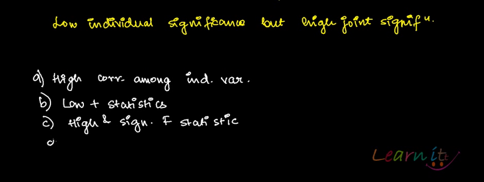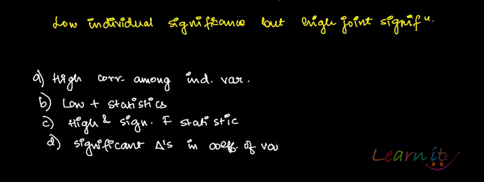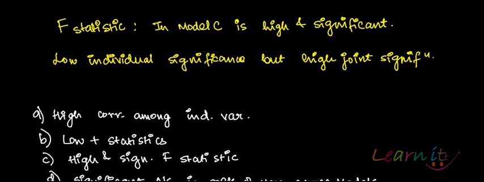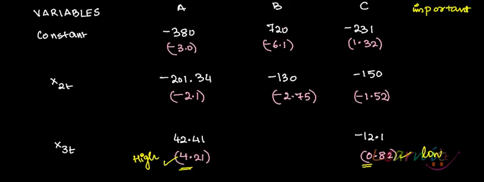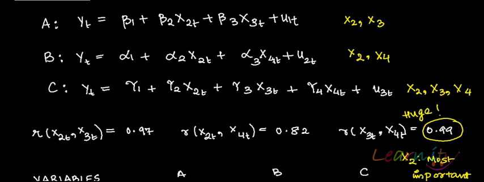And four, significant changes in the coefficients of variables across models. This is the way you will detect the problem of multicollinearity. I hope this has helped you. Thanks.